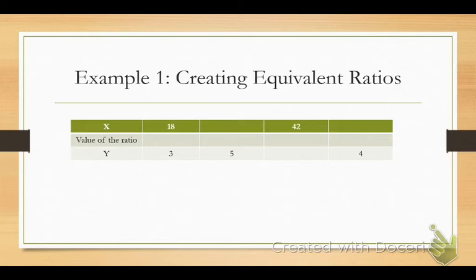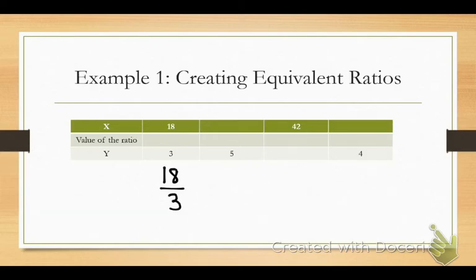So what I'm going to do is look at the very first, basically at some point in the ratio table, and it's usually the first column, I have a complete ratio. All right, so what I need you to understand is I can actually pull these values out of the table and write it 18/3. Remember, it's a comparison between two quantities.